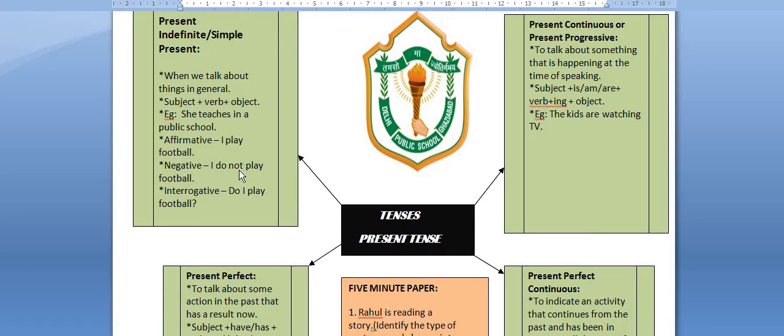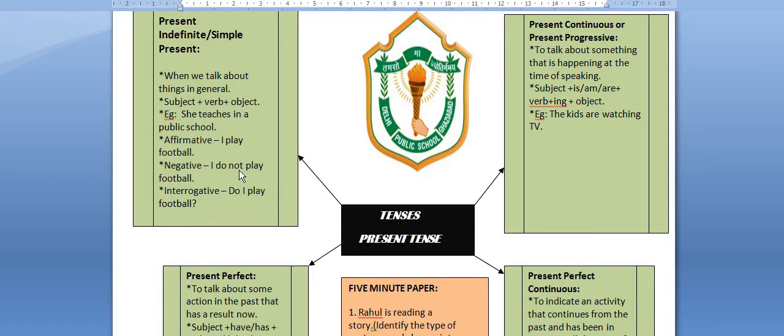In a sentence, we find there are two types of verbs. One is the helping verb, one is the main verb. Helping verbs are is, am, are, was, were, have, has, had. And main verbs are the action words like play, jump, sing, dance. So not is always placed after the helping verb in an affirmative sentence.